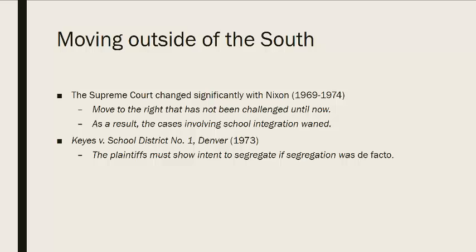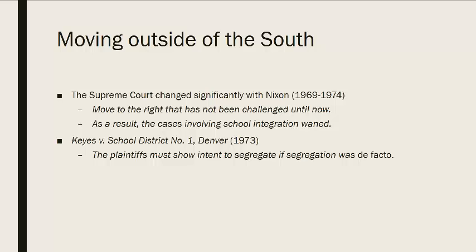And the reason it's important is because it's out of the South. Keys versus School District Number 1, Denver, Colorado. And this harkens back to the 63 decision from Gary, Indiana, that said de facto segregation is constitutional. So this case is trying to fight that de facto segregation.